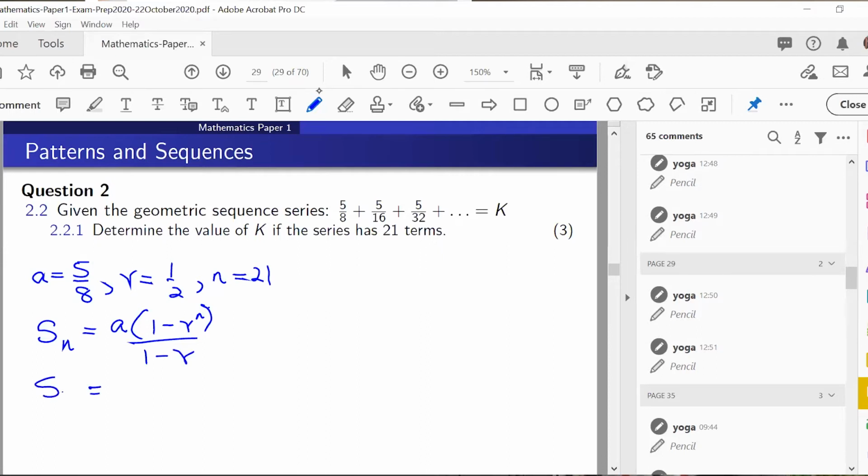So our n is 21 and our A is 5/8. 1 minus a half to the power 21, divided by 1 minus half.